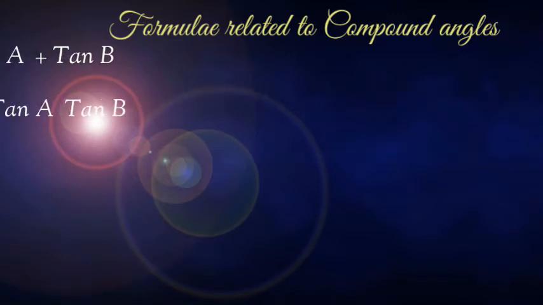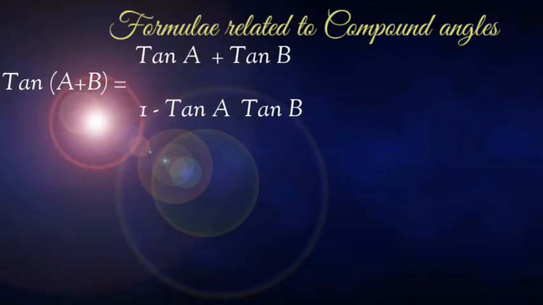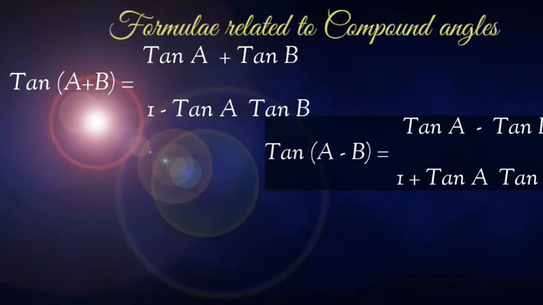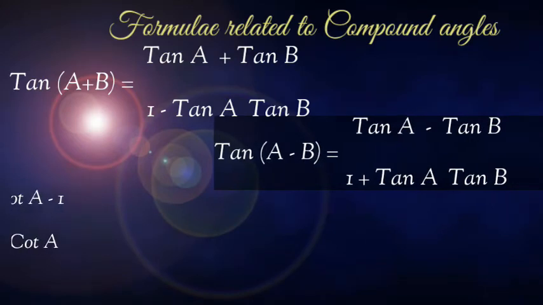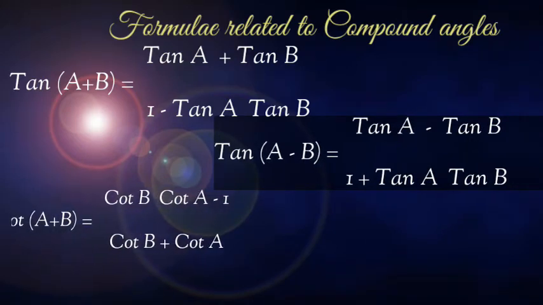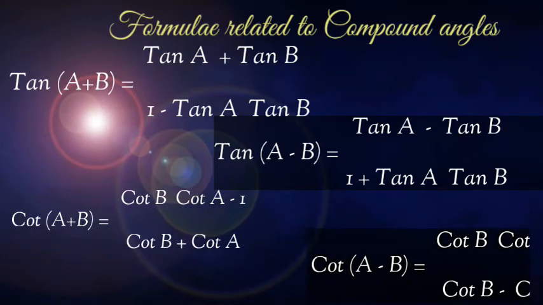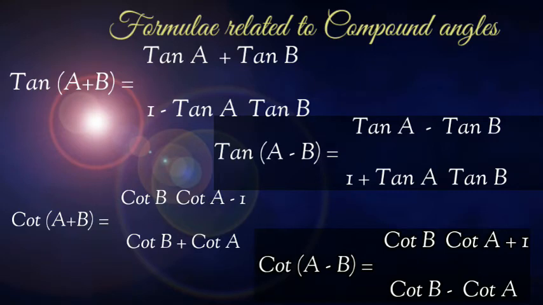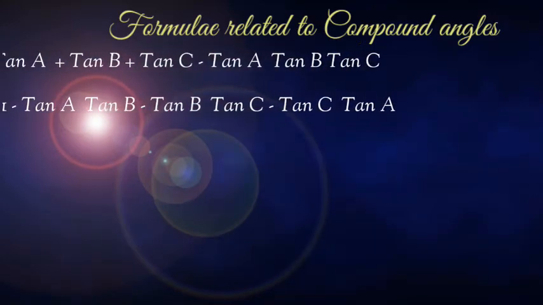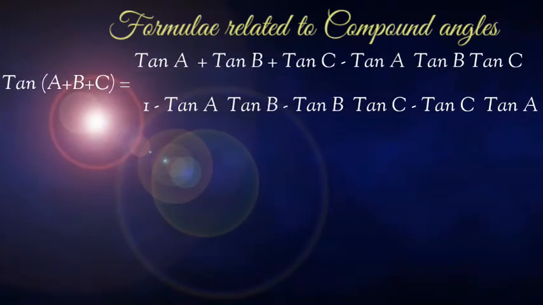Tan bracket A plus B is tan A plus tan B divided by 1 minus tan A tan B. Tan bracket A minus B is tan A minus tan B divided by 1 plus tan A tan B. Cot bracket A plus B is cot B cot A minus 1 divided by cot B plus cot A. Cot bracket A minus B is cot B cot A plus 1 divided by cot B minus cot A. Tan bracket A plus B plus C is equal to tan A plus tan B plus tan C minus tan A tan B tan C divided by 1 minus tan A tan B minus tan B tan C minus tan A tan C. Remember, last angle at front in ratio cotangent.